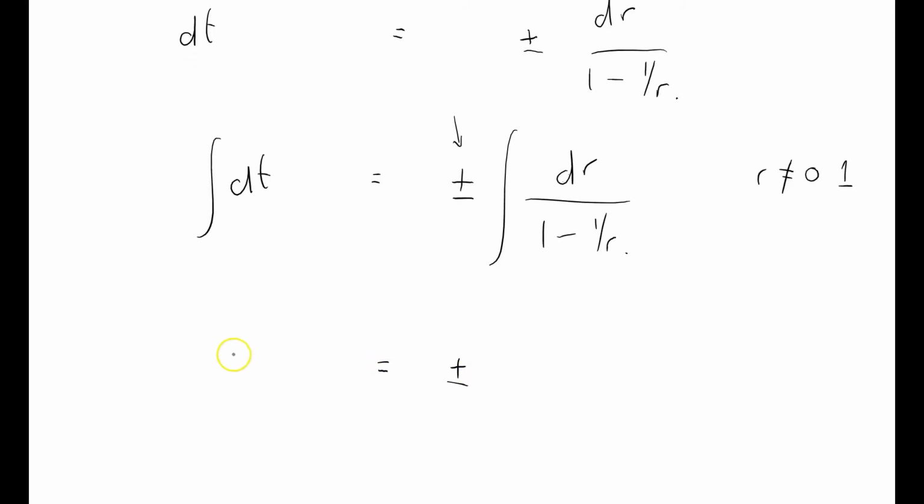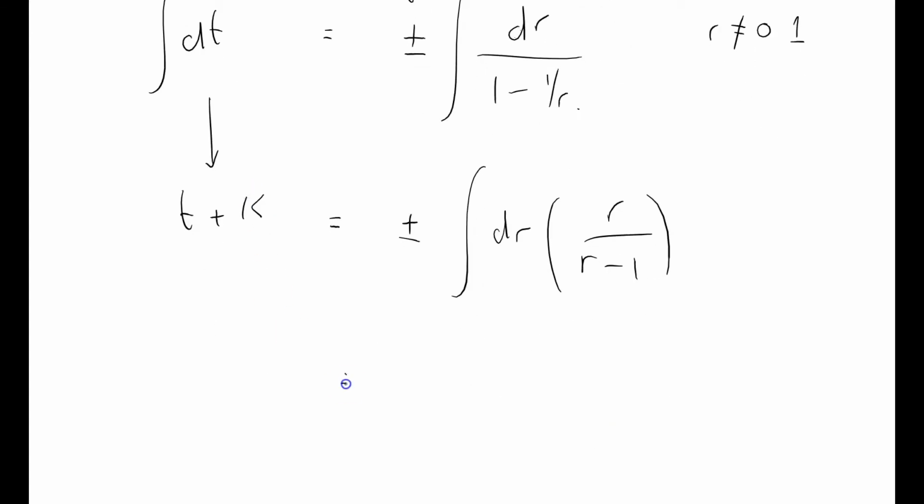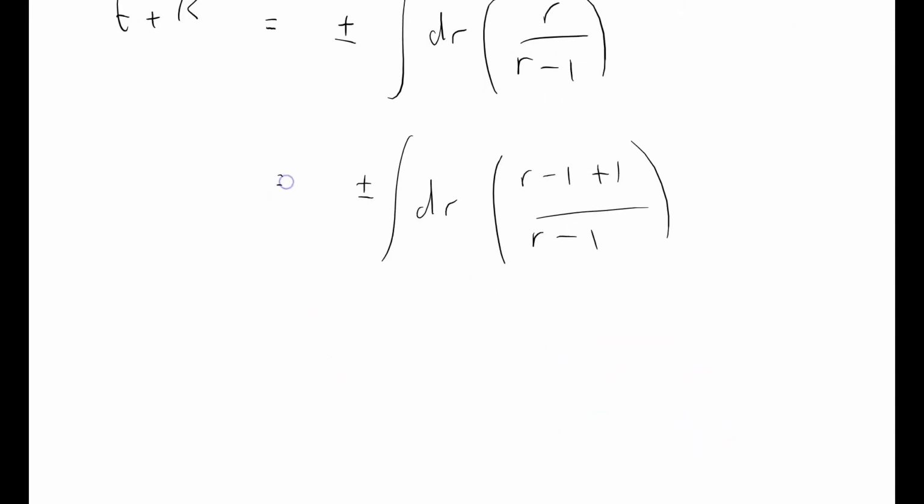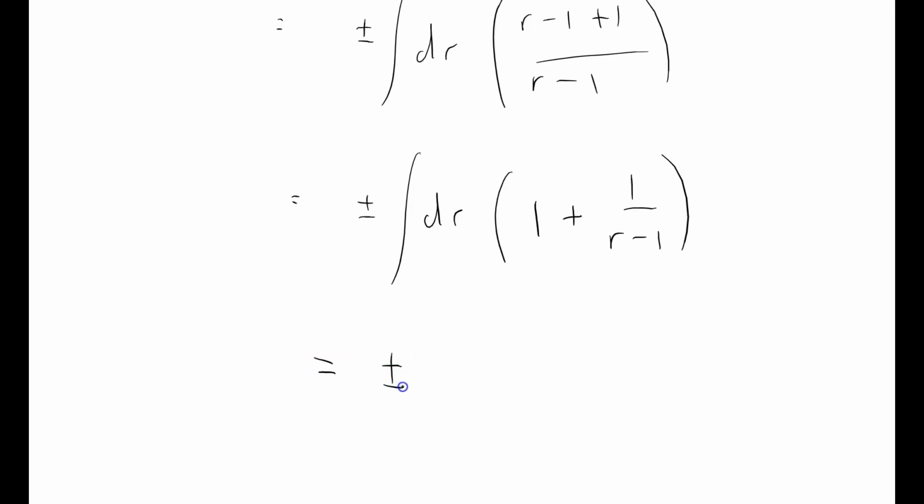The integral of dr over 1 minus 1 over r, r not equal to 0 or 1, equals plus or minus. So t plus a constant, just performing that integration, is plus or minus the integral of dr times, multiply top and bottom by r over r minus 1, equals plus or minus the integral of dr over r minus 1 plus 1 over r minus 1, equals plus or minus the integral of dr over 1 plus 1 over r minus 1. See, I'm doing it step by step.